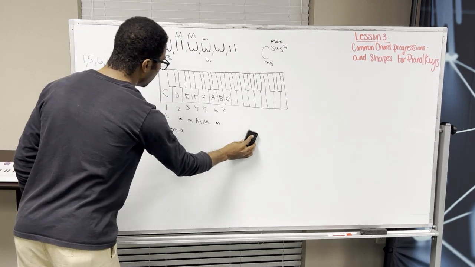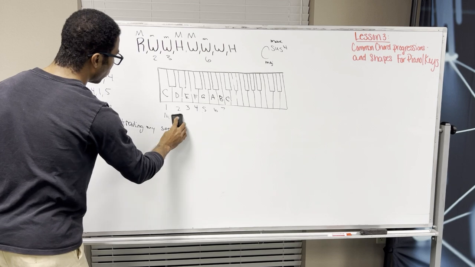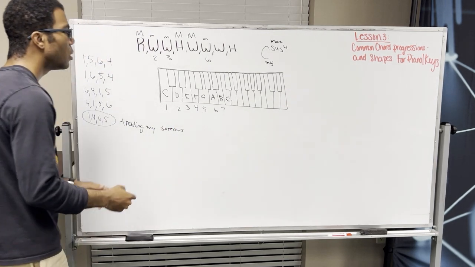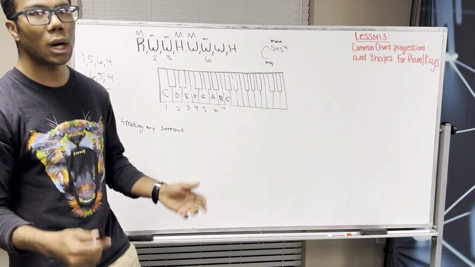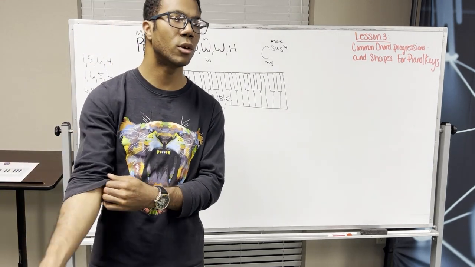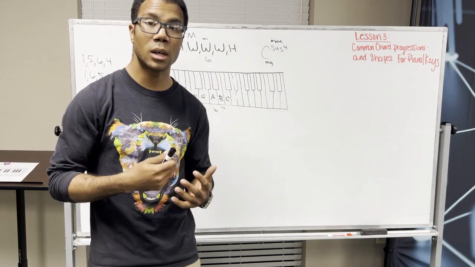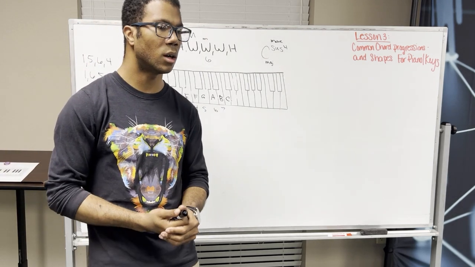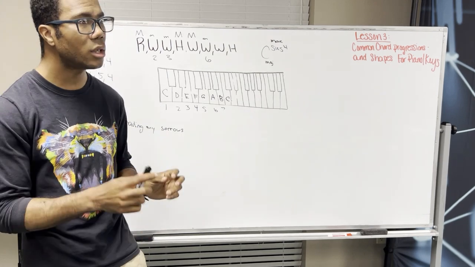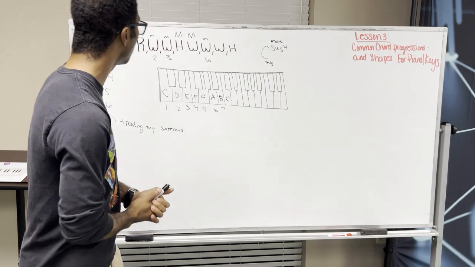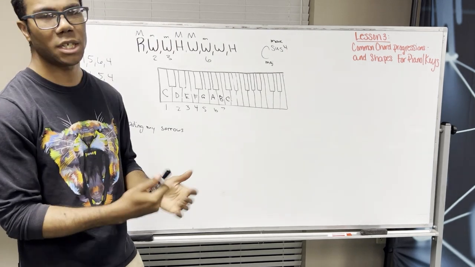Jumping right back into what we were talking about before, as far as common chord progressions. Perhaps the most common chord progression I have dealt with, and this is used by gospel artists as well as secular artists alike. It is probably one of the most overused chord progressions on the face of the earth, and that is the 1-5-6-4.